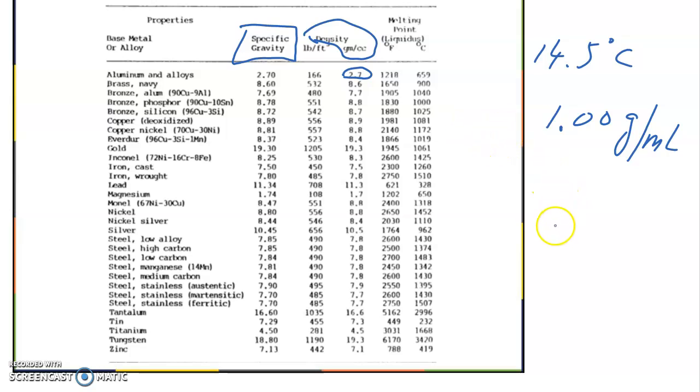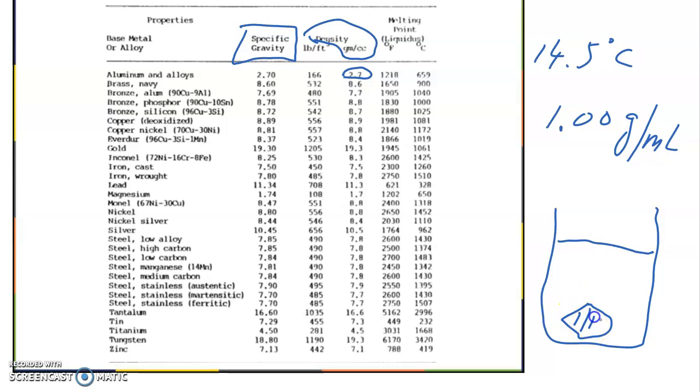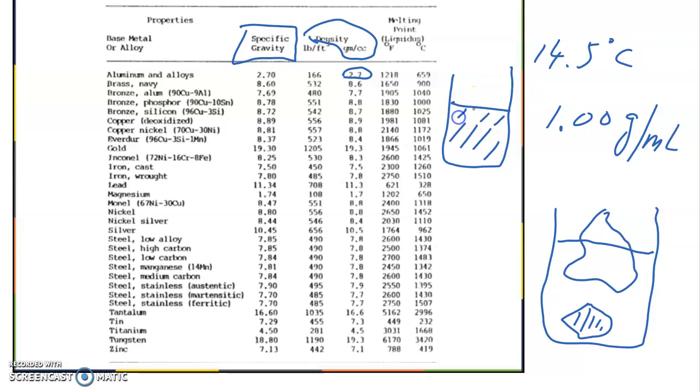As a very general rule, if you have something that is not soluble in water or in any liquid, and when you put it into that liquid it sinks, that means the density of that object is higher than the density of that liquid. If it floats, the density of the floating object is lower than the density of that liquid. Let's look at an example. I have water over here. Based on our experience from daily life, when we put oil on water, the oil floats on top.